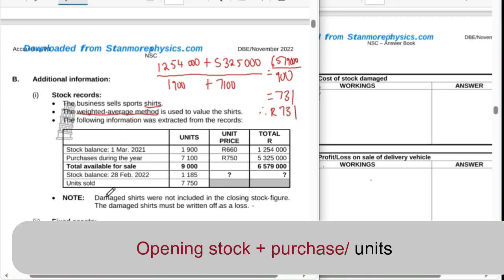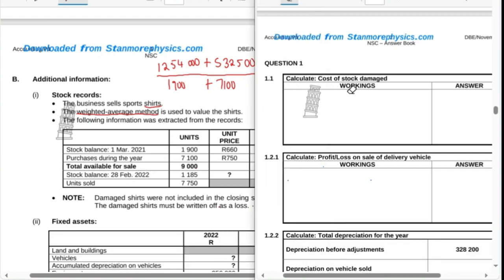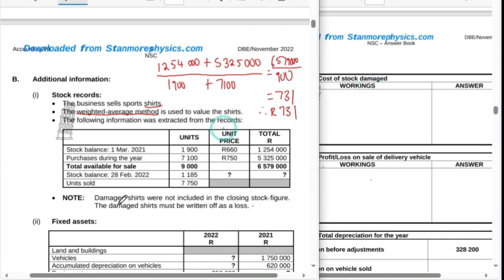And then remember that we are calculating the cost of damaged stock. And then we continue. And then guys, units sold is how much? 7,750, meaning total available goods that were available for sales, we had 9,000.